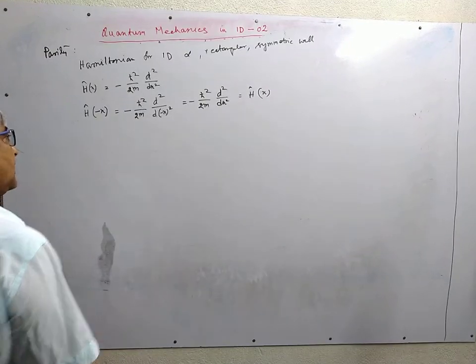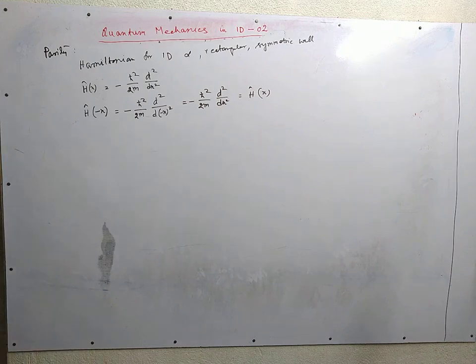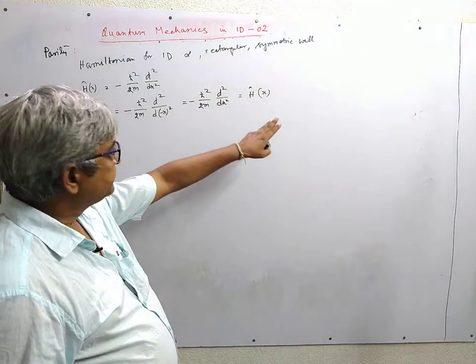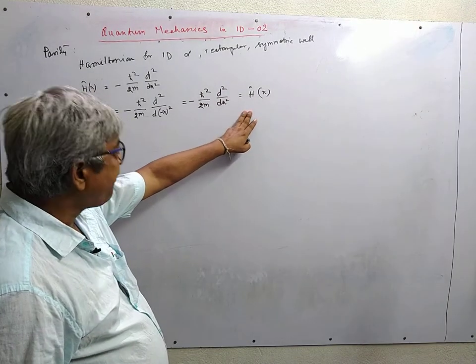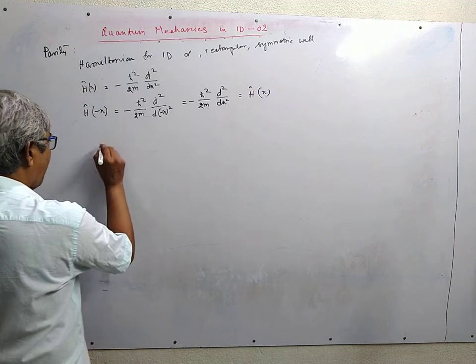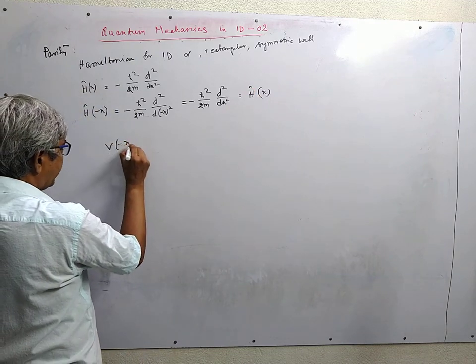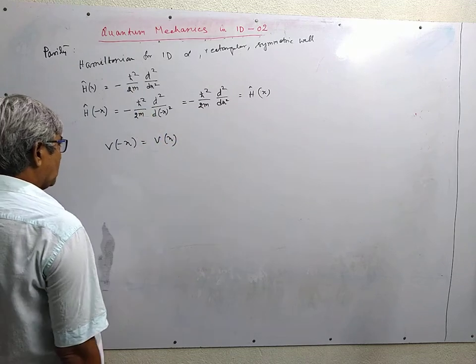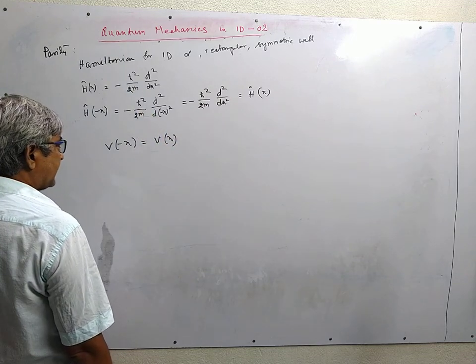So this Hamiltonian is not affected by the parity operation. In fact, any Hamiltonian for which V of minus x is equal to V of x does not undergo any change under the action of parity.